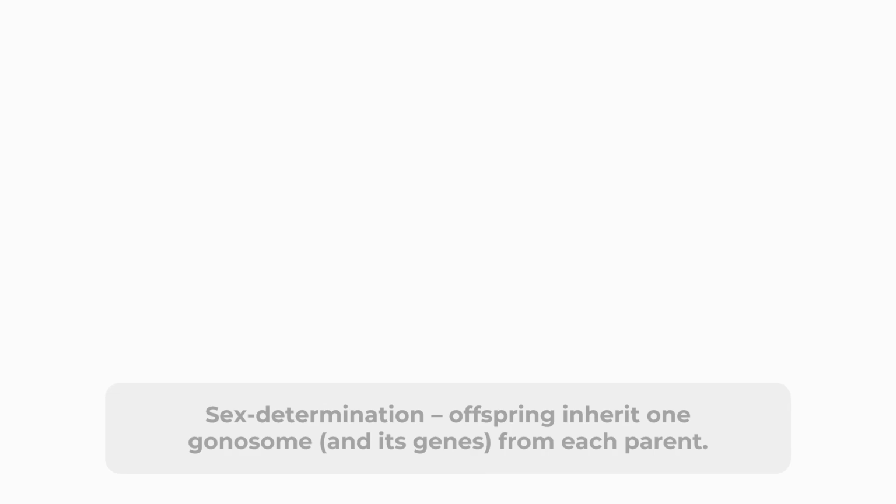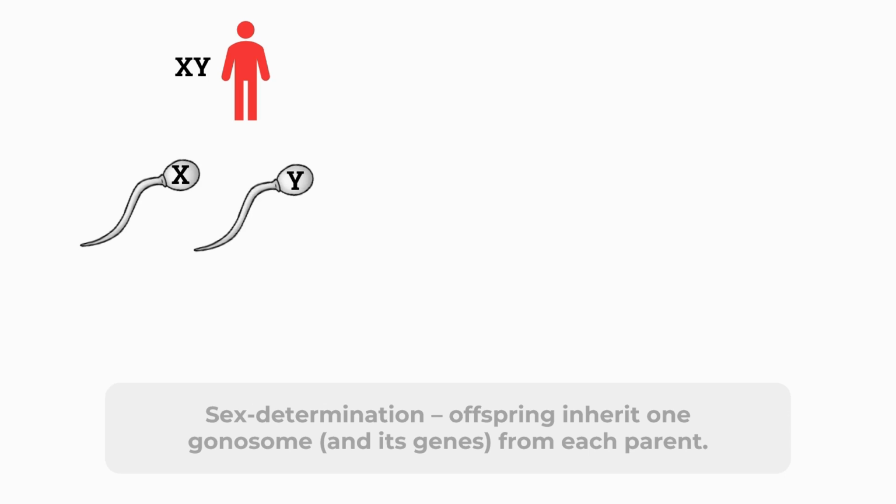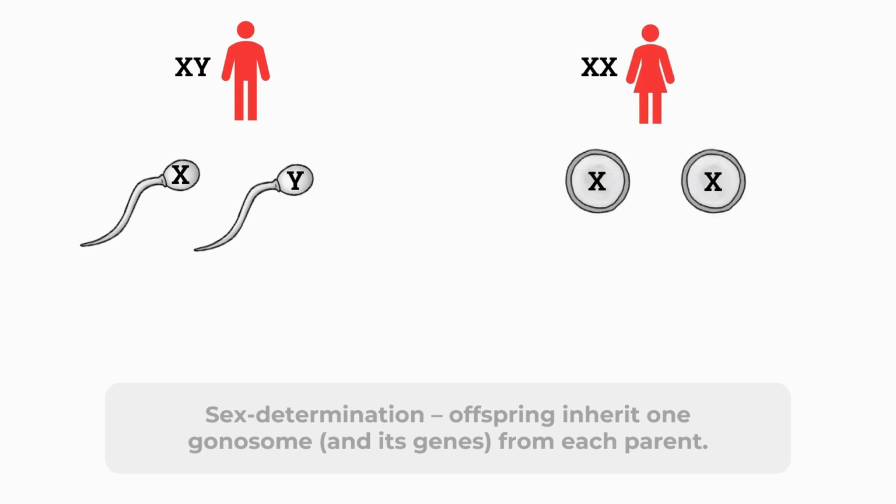So here it's important to remember that during sex determination, offspring inherit one gonosome and its linked genes from each parent. Males have an XY gonosome pair, so during gamete formation they produce 50% X-carrying sperm and 50% Y-carrying sperm. Females have an XX gonosome pair, so all of the ova they produce will only ever carry an X chromosome.